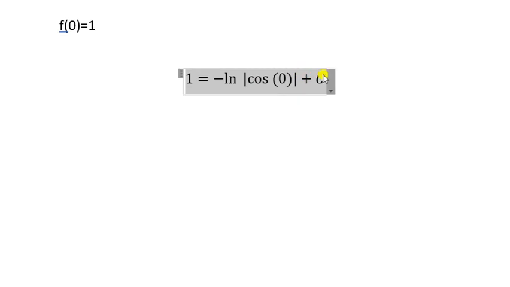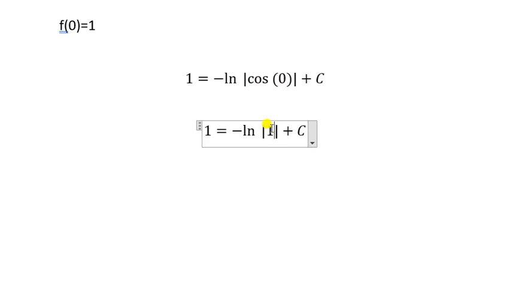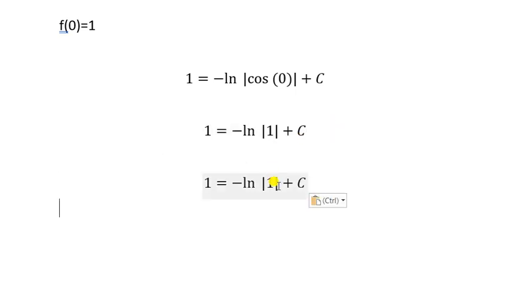In this case, let's try to simplify the problem a little. We know that cosine of 0 is equal to 1, right? And we also know that the natural logarithm of 1 is nothing else but a 0. So this becomes a 0.